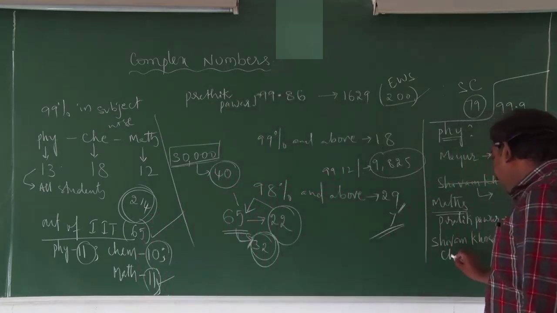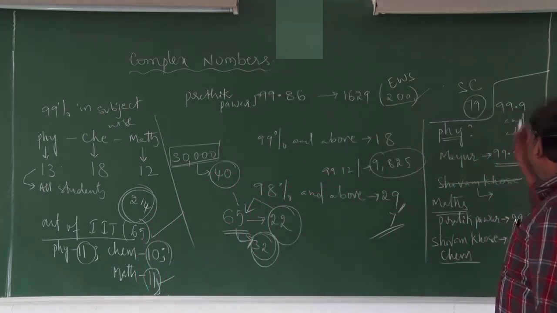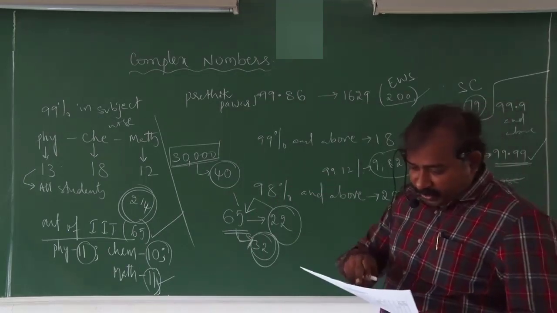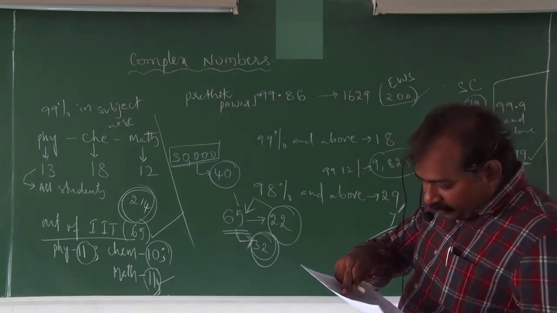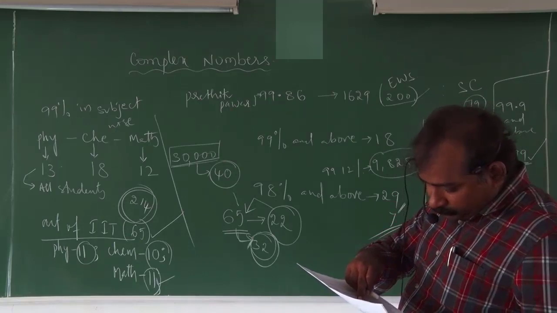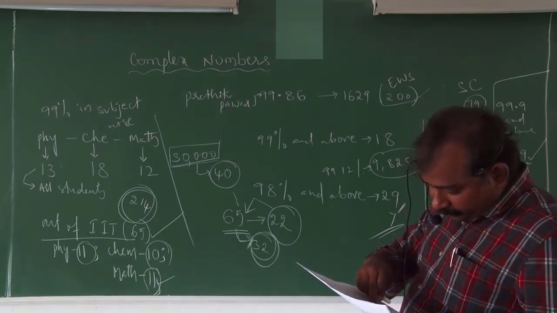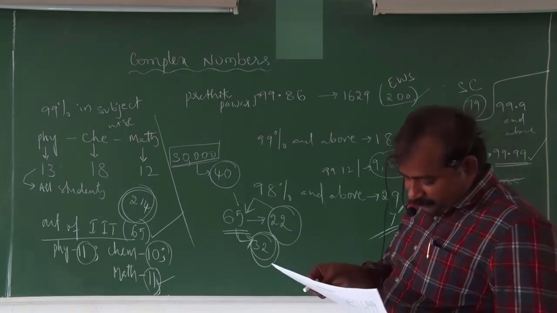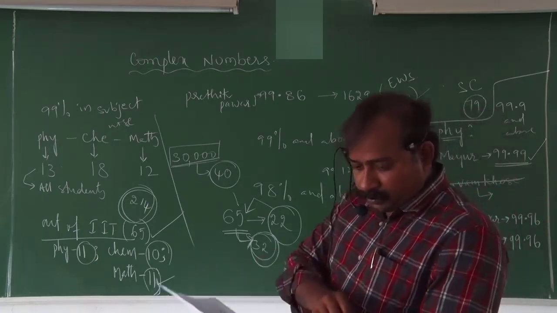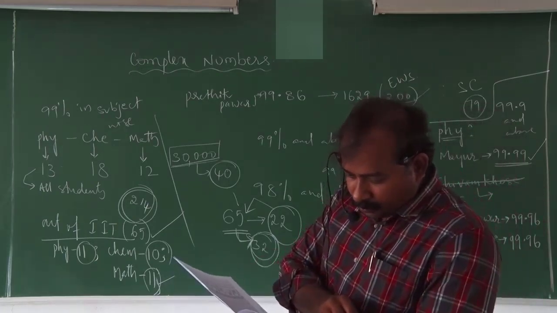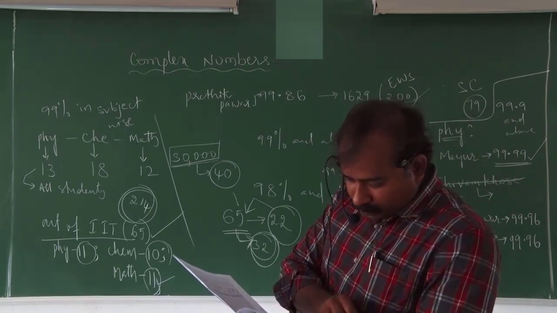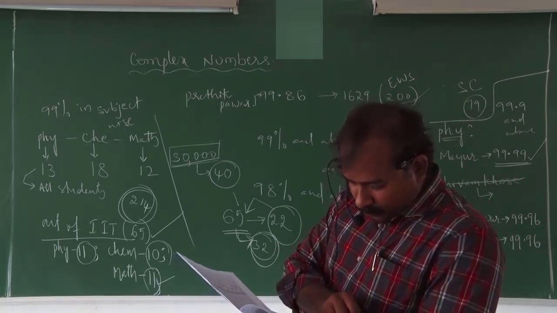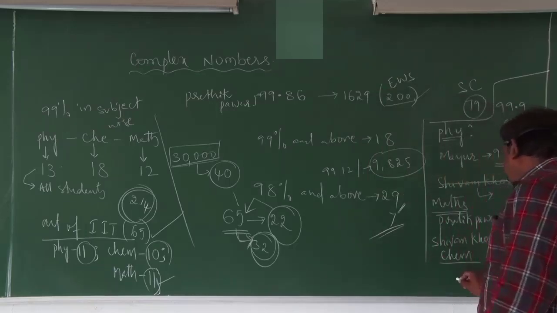In chemistry, 99.9 percentile and above. Nobody is there. In chemistry, 0.